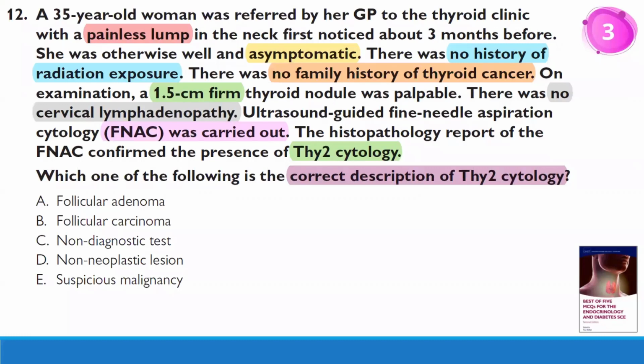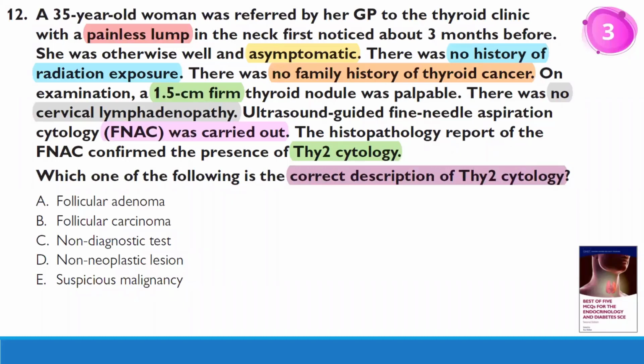D, non-neoplastic lesion. Yes. So Cy2, this is non-neoplastic. What is the Cy for follicular adenoma? Cy3F. No, Cy3F is follicular neoplasia, not adenoma.